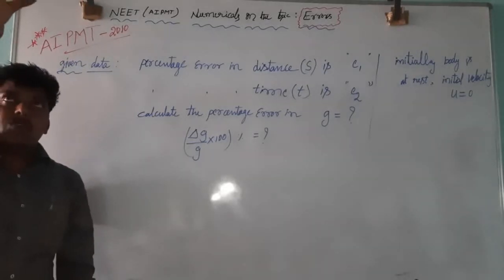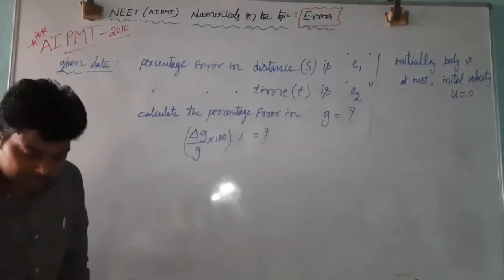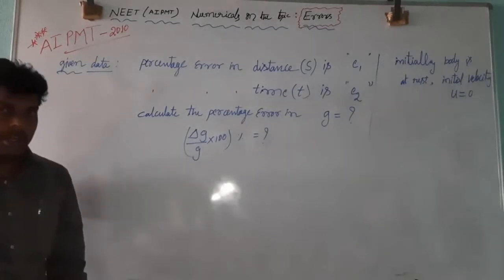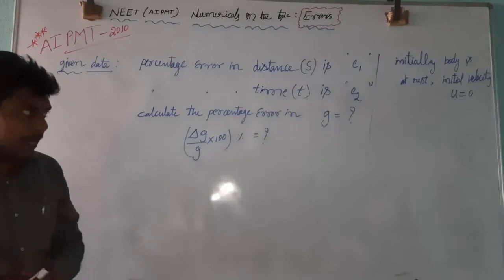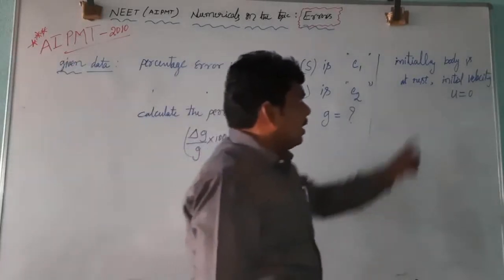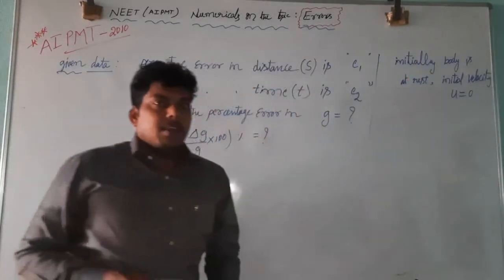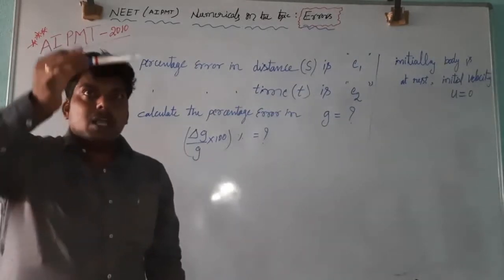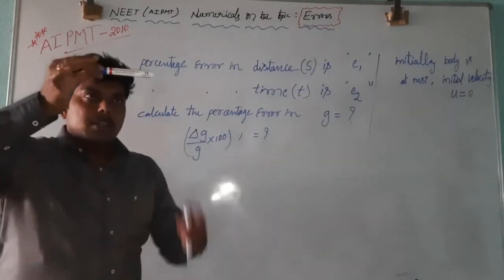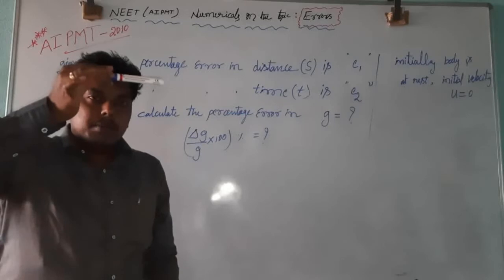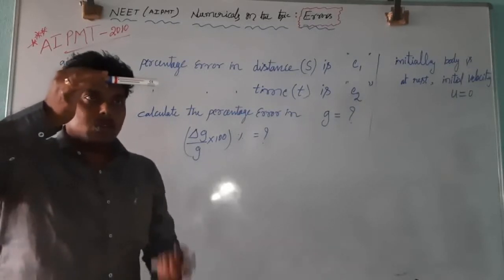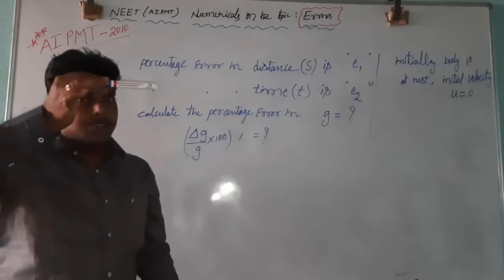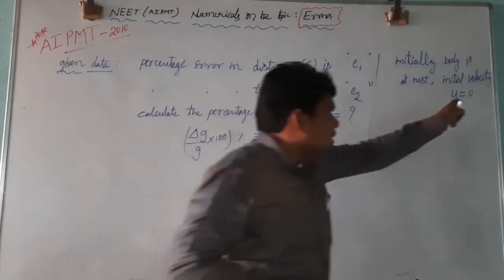Now he is going to calculate the distance traveled by the body. In the question itself they have mentioned that initially the body is at rest. Let me consider one example. Now I am going to drop this body. Whether the body is at rest or in motion initially, it is at rest before dropping. So the initial velocity u is equal to 0.